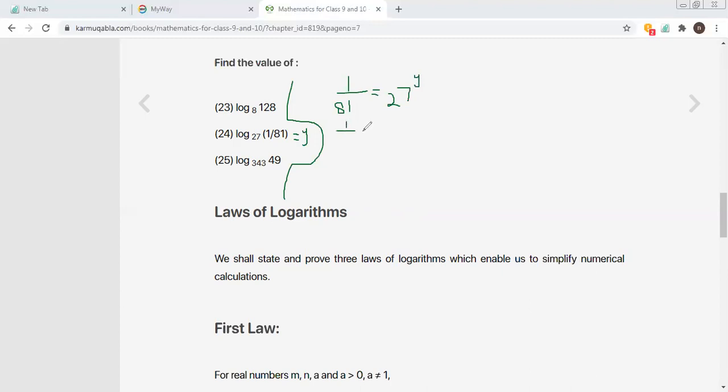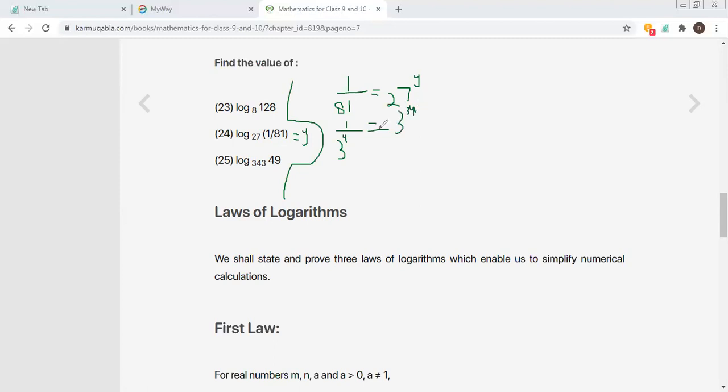1/81. 81 is a power of 3. When you multiply 3 by 3 four times, it becomes 81. On the right hand side, 27 is a power of 3, when you multiply 3 by 3 three times, and y is already a power.